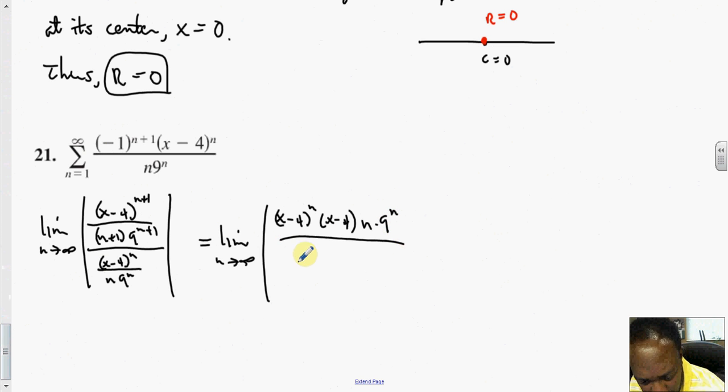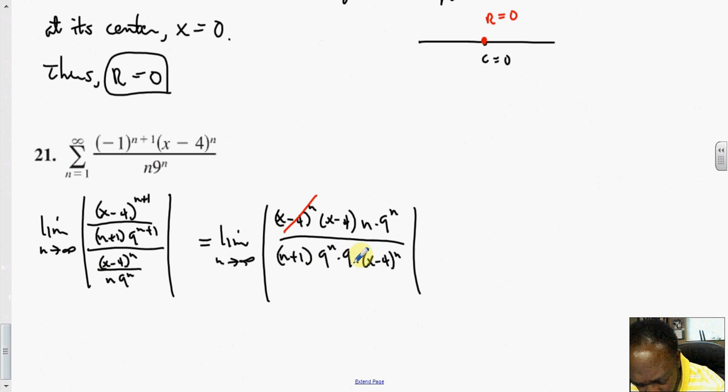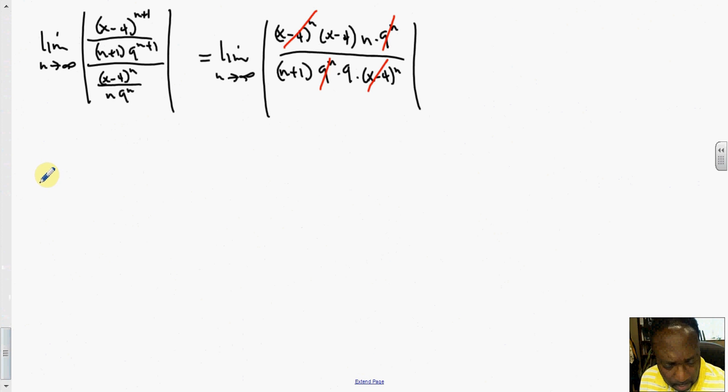This is all over, yes, n plus 1 times 9 to the n times 9 times x minus 4 to the nth power. Let's see what cancels. This x minus 4 to the nth, this 9 to the n, right? Okay. So now we get the limit as n goes to infinity.